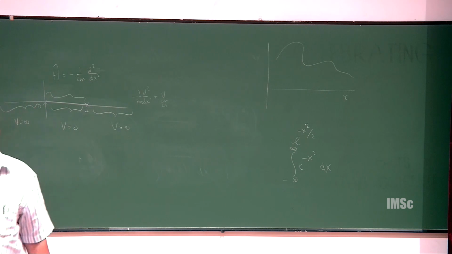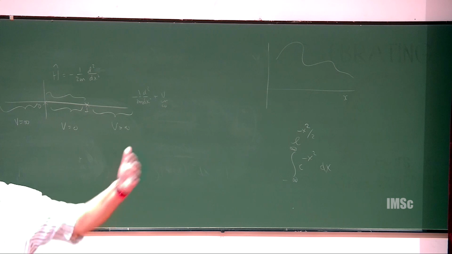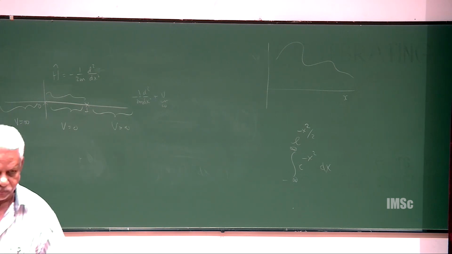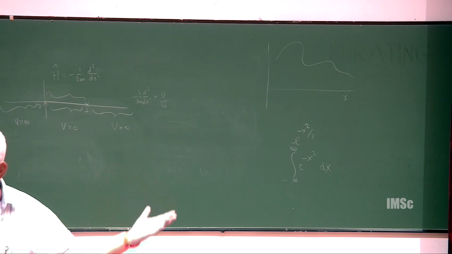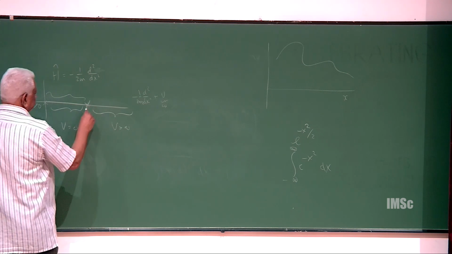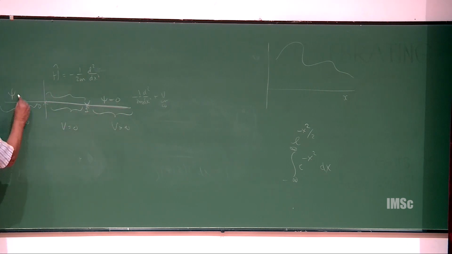Since it is infinite potential, you cannot find the particle outside. The probability will be 0, so the function will be 0. So you expect psi to be 0 here and everywhere outside.